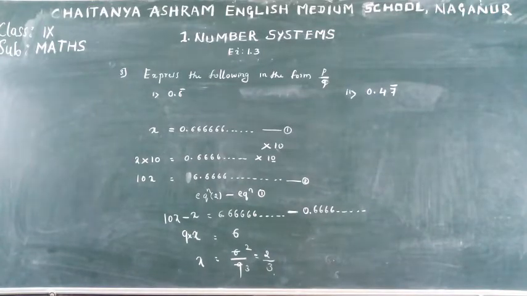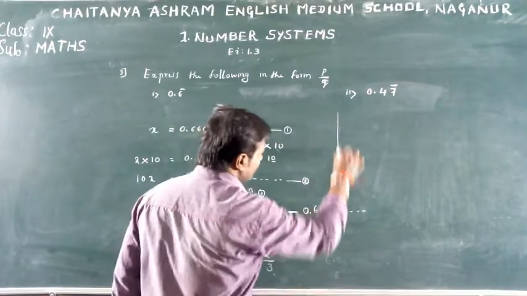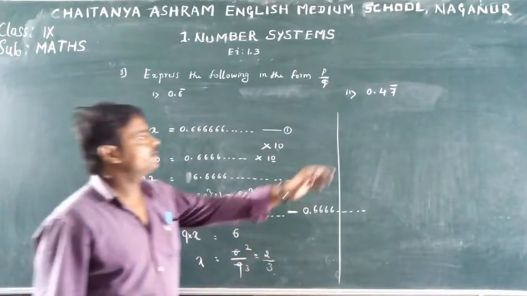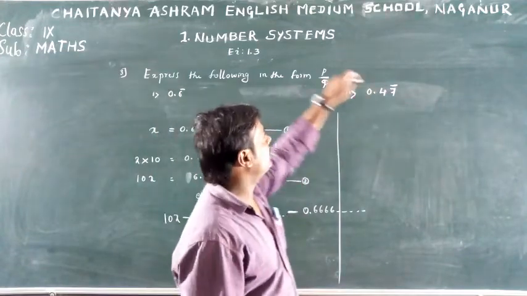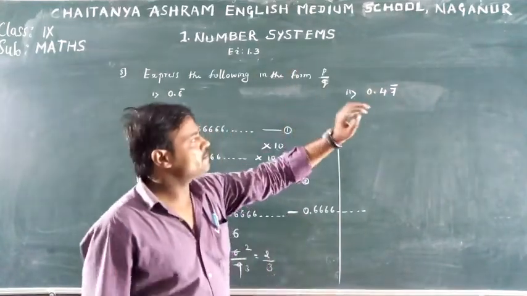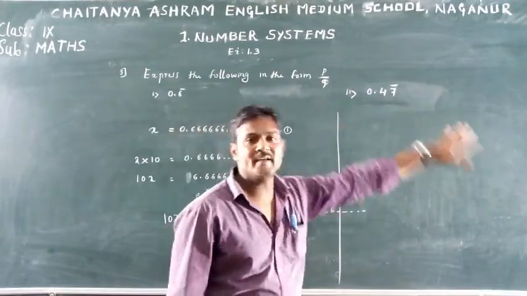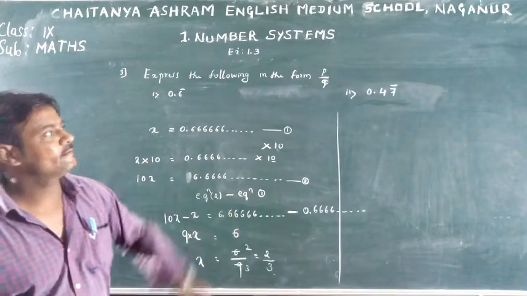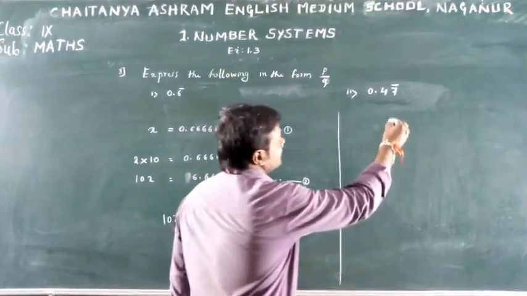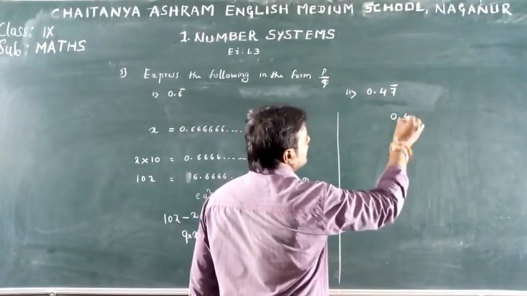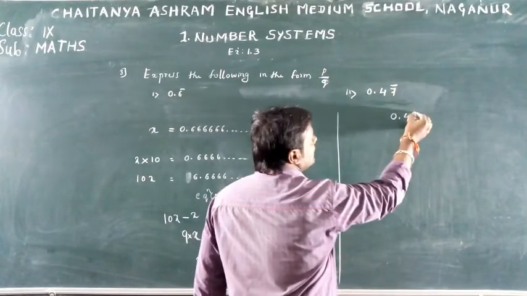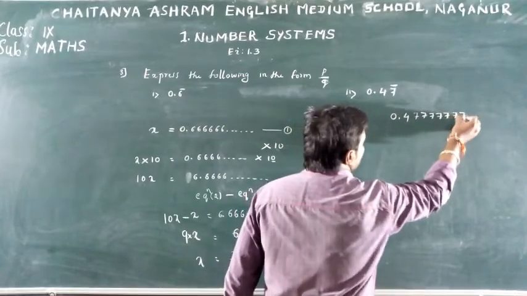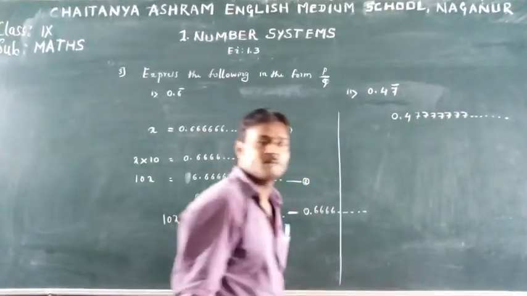Okay, dear children, now we move into the second one. Observe. Express this decimal expansion in the form of p by q. So which kind of decimal expansion is it, dear children? Tell me. Write it like this: 0.47 bar, so 7, 7, 7, 7, 7, 7 and so on.